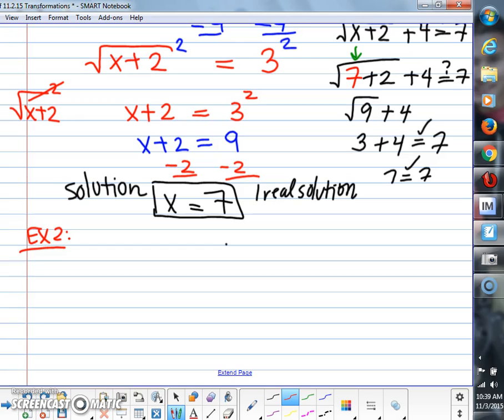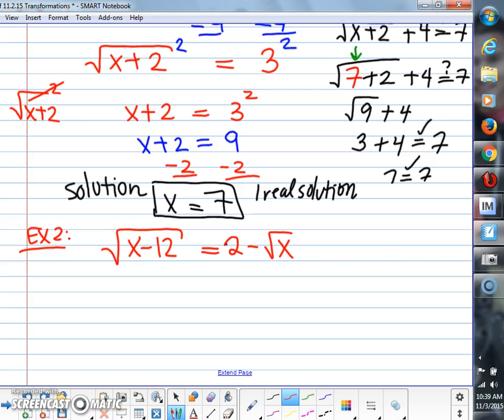Nah, there it goes. Okay, example 2. The square root of x minus 12 equals 2 minus the square root of x. Okay, what would you guys recommend we do first?